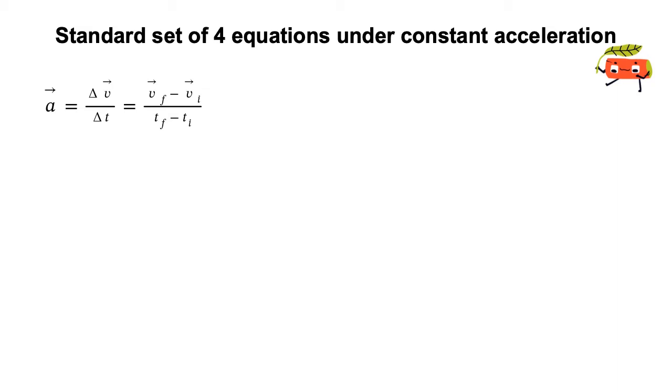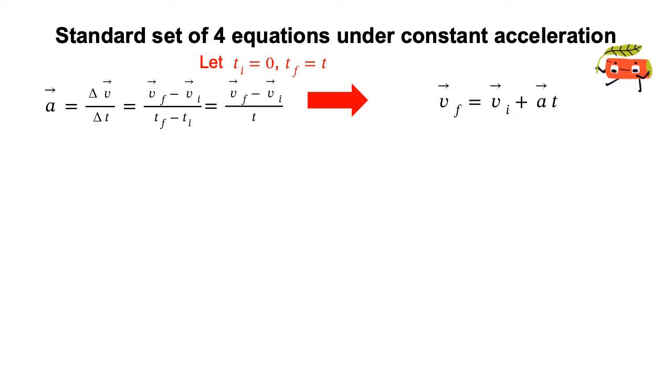We let initial time be 0 and final time be expressed as t, so that our acceleration would then be equal to v final minus v initial over time. Rearranging it, we get v final equal to v initial plus acceleration times t. This is now our first standard equation.